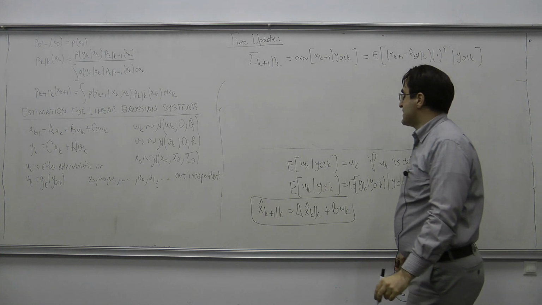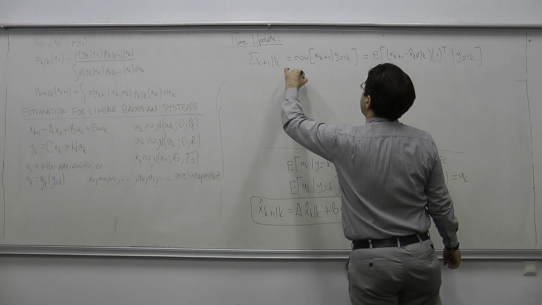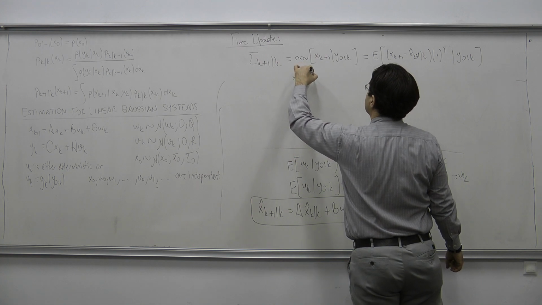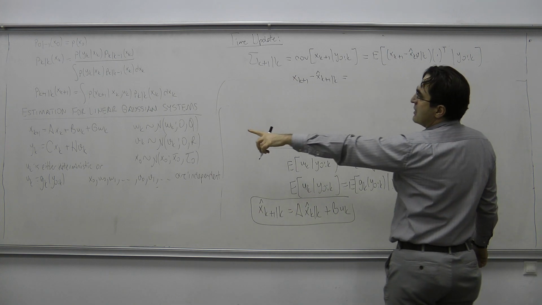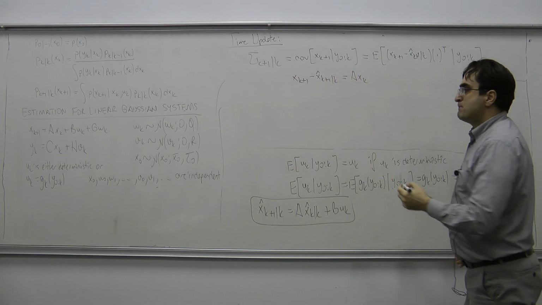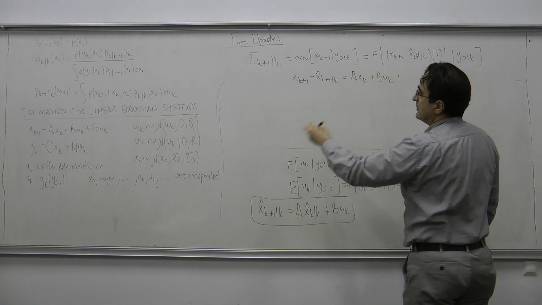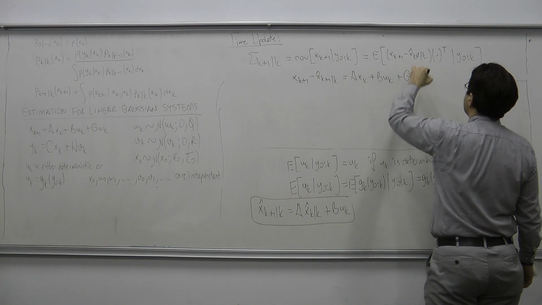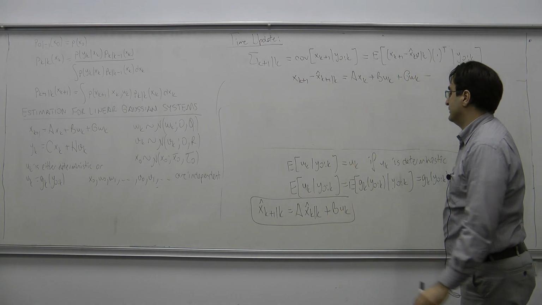Now let me calculate this difference. xk plus 1 minus x hat k plus 1 given k: xk plus 1 is given there, Axk plus Buk plus Gwk, minus, I need to subtract this mean here.